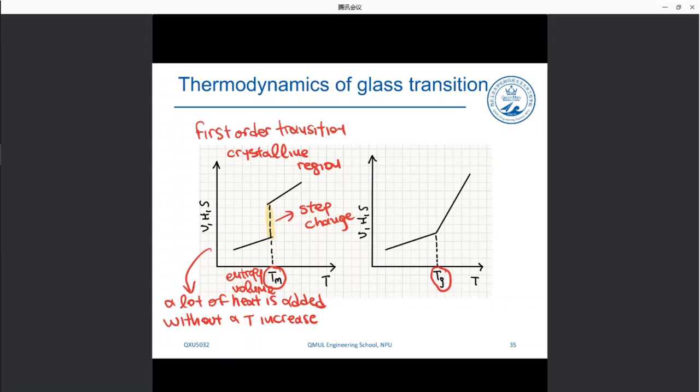On the other hand, we said already that the glass transition is a pseudo second order transition. Of course, we said that it has to do with the amorphous region.